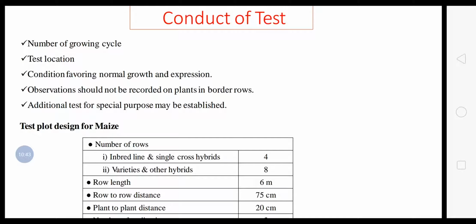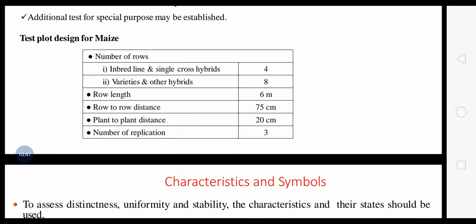For the test plot design for maize, the number of rows taken for inbred lines and single cross hybrids is 4. For varieties and other hybrids, 8 rows are taken. Row length should be 6 meters. Row to row distance should be 75 centimeters minimum.